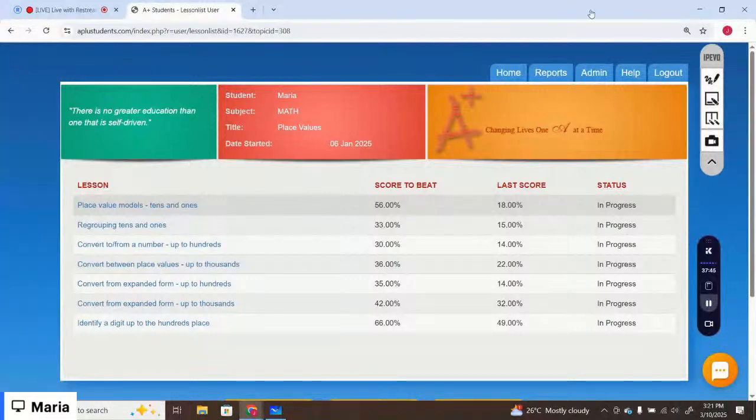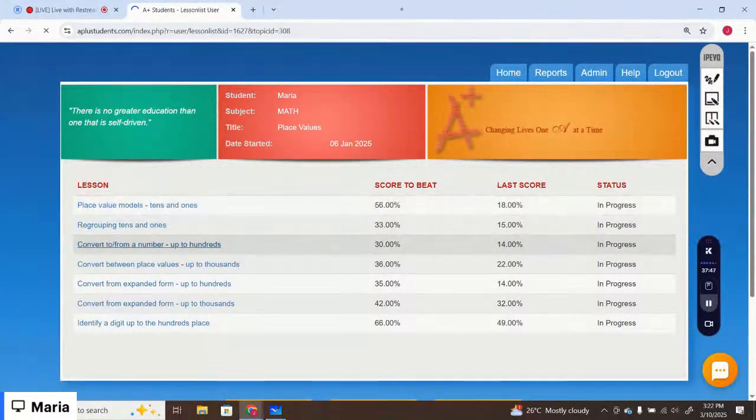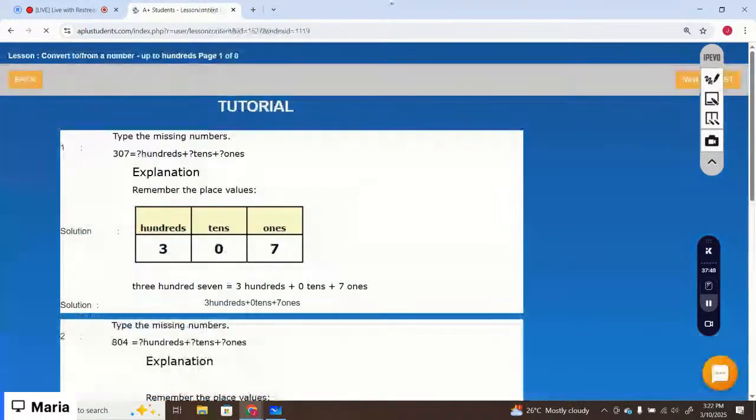Convert to and from a number up to hundreds. Let's just start with the lesson. The missing number 307.